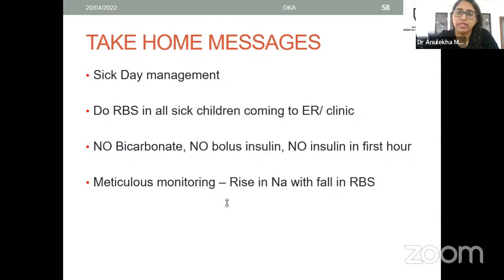If we do not manage DKA optimally, we can really burn our fingers. Unfortunately, we often see that even mild DKA patients receive bicarbonate in several places. So watching out for cerebral edema, looking at the potassium, not starting insulin immediately, all these are very valuable points that need to be mulled over several times before we can optimally manage a child with diabetic ketoacidosis.